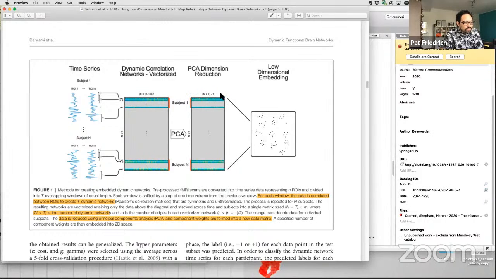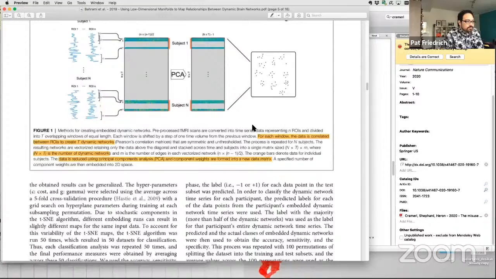We can reduce all of them into a 2D space in which one dot is a network, and dots that are closer to each other are more similar across multiple of these dimensions. Okay?